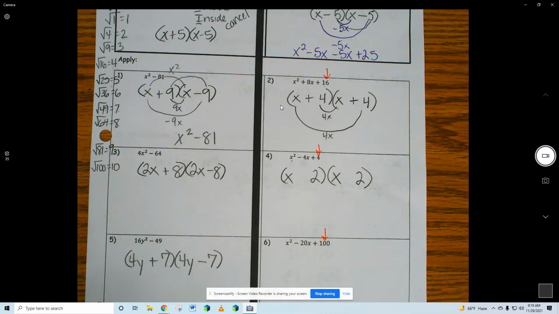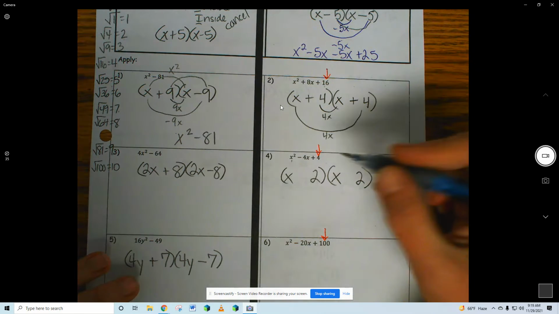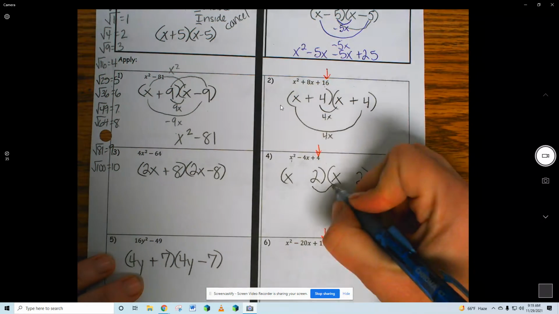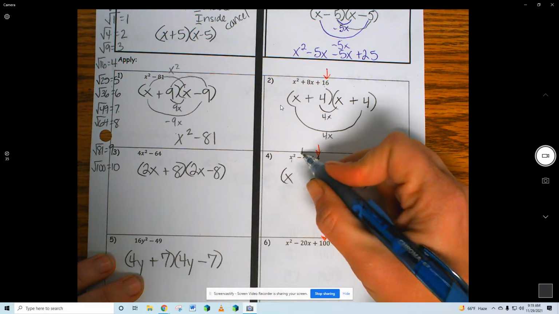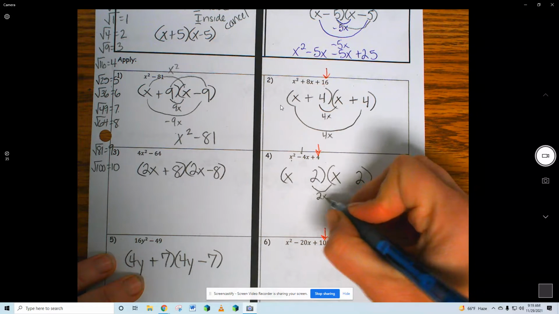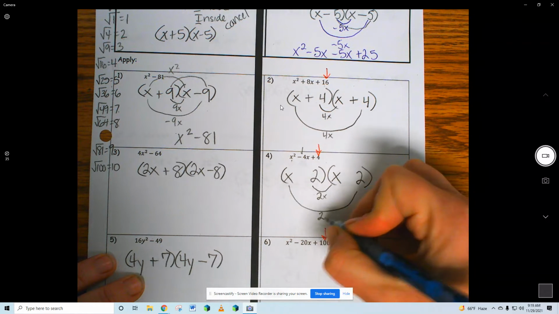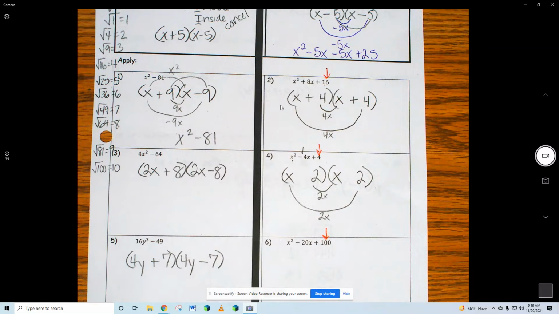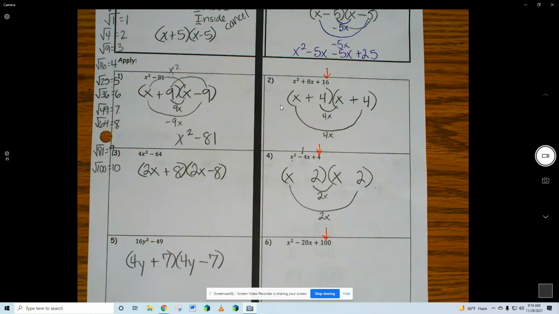And signage. Ooh, I need to make a negative 4 right here. 2x, 2x. What am I going to do for my signs to make this 2x and this 2x add up to make a negative 4? Both negative.